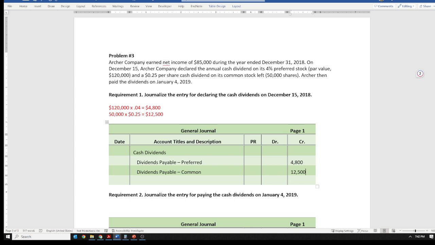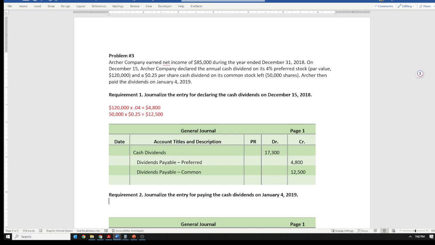There are our two liabilities. Add those up, and that's my debit, my cash dividends. So 4,800 and 12,500 is 17,300. Perfect. All right, let's keep going.